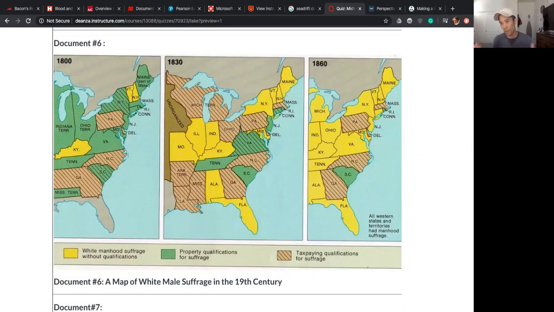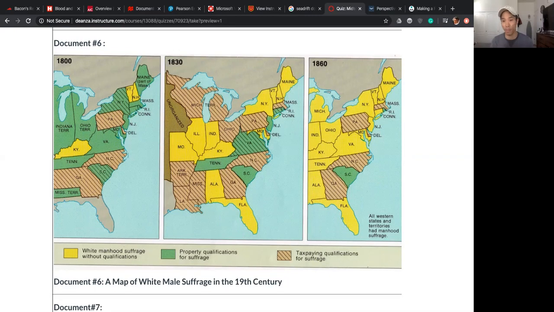Document number 6, speaking of expansion of rights, okay? Document number 6, what we see is an expansion of white male suffrage, meaning that it became easier to vote, especially if you were a white male. It's that simple, okay? And if you look at the markers here, the yellows, or the greens, if you will, represent that in order for you to vote, you need to have property.